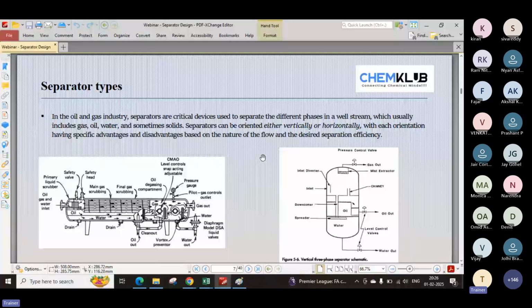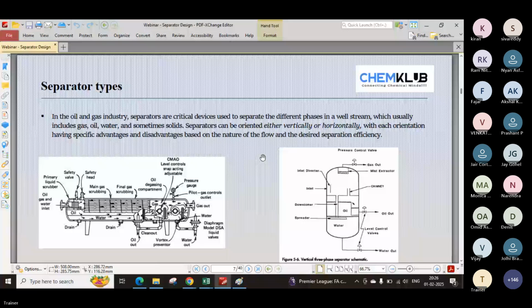Compressor delivery is critical, and the cost of the compressor is very high. That's why the sizing of the separators is generally critical in the case of compressors. So we'll see this all together.